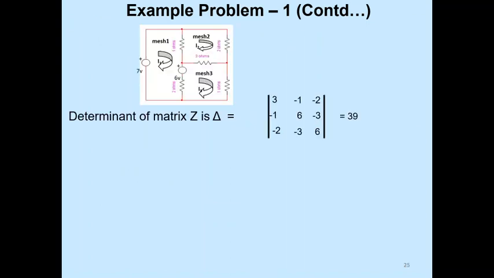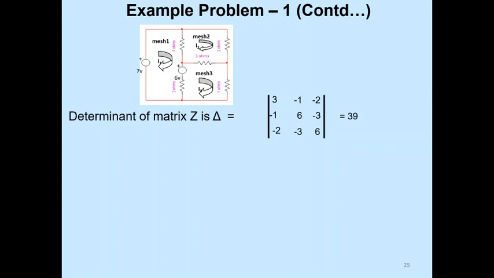So the determinant of matrix Z is equal to 3, minus 1, minus 2; minus 1, 6, minus 3; minus 2, minus 3, 6. How to find out the determinant? By taking the first row, that is 3 into 6 into 6, that is 36, minus of 9.